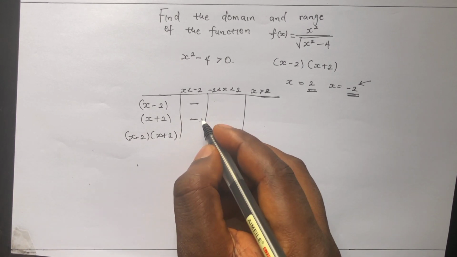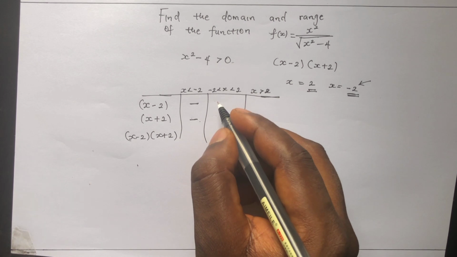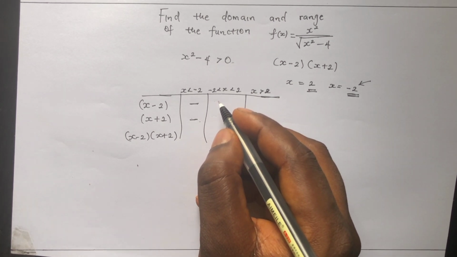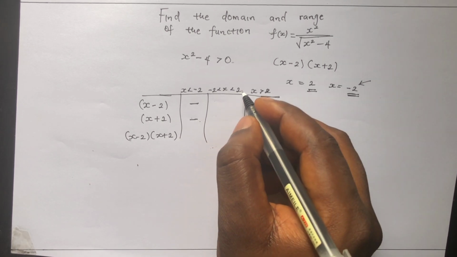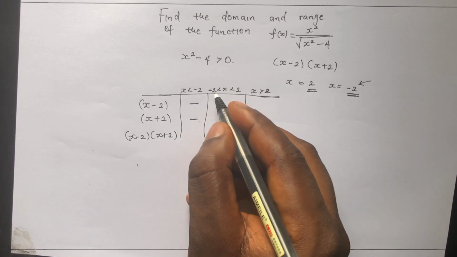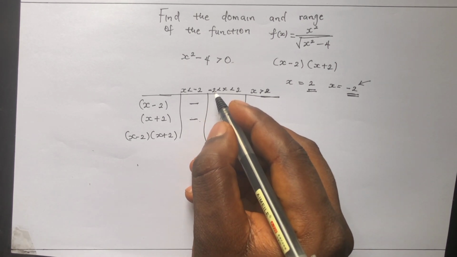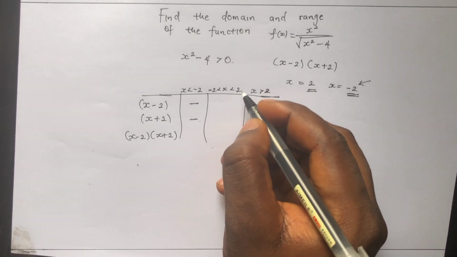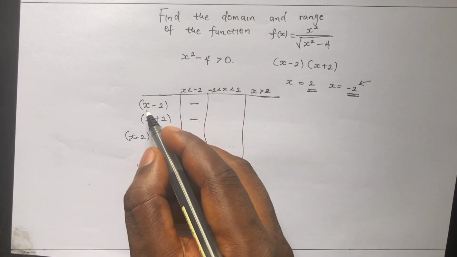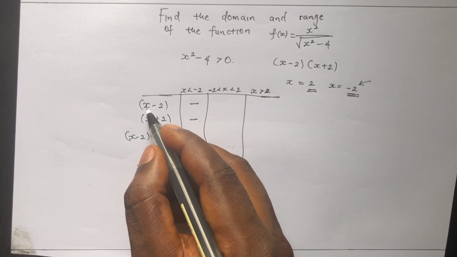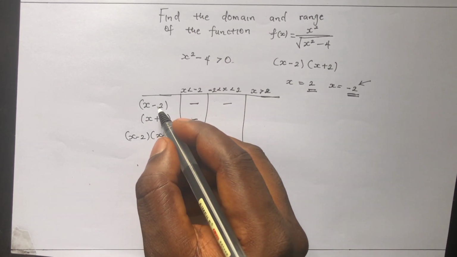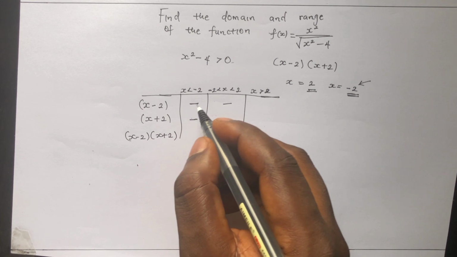Now we are going to test for a set of values that is greater than negative 2, but not exactly up to 2. So let's take the nearest whole number, negative 1. If we substitute negative 1 for x right here, we still obtain a negative sign, because negative 1 minus 2 gives us negative 3.